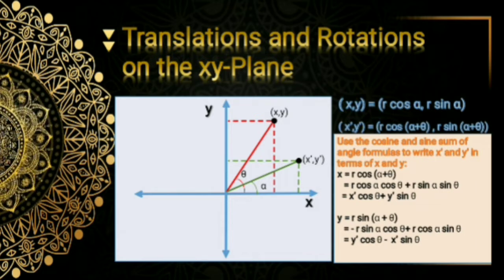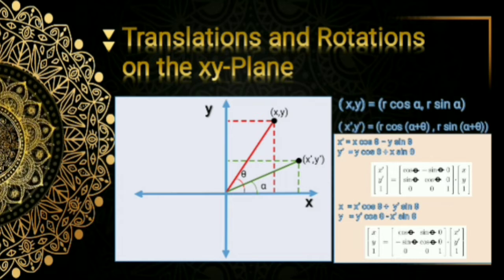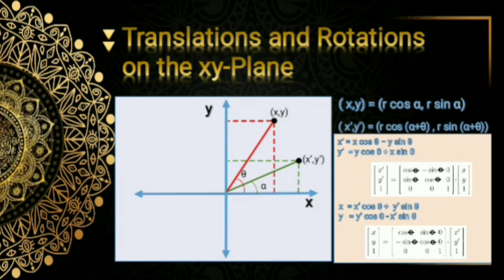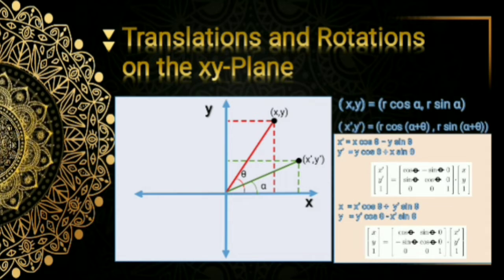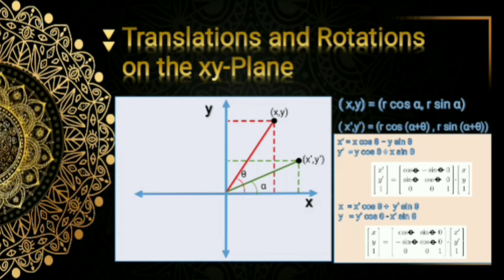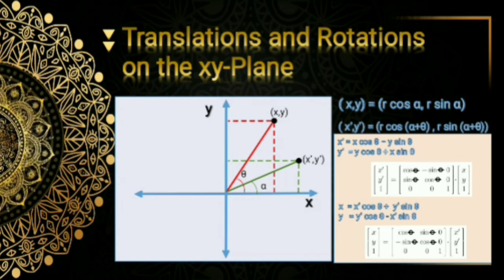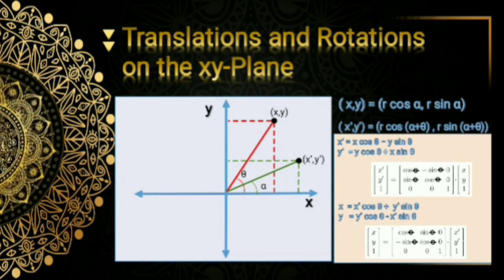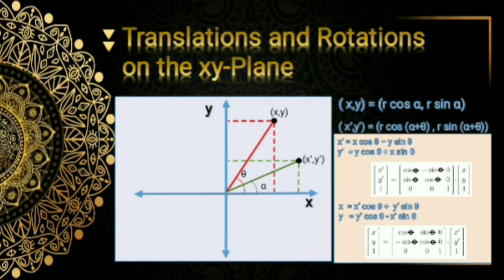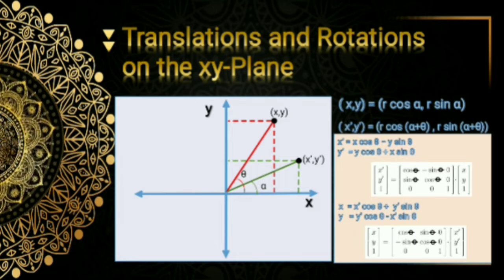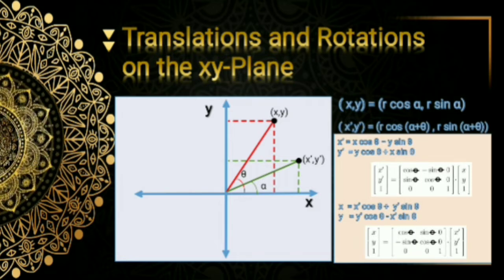Putting this into matrix form gives us xy and our third element 1 equal to the matrix of column 1, row 1, positive cos theta, column 2, row 1, positive sin theta, third column, row 1 is 0 because in x equals x prime cos theta plus y prime sin theta, there is no third element that exists, it's 0.